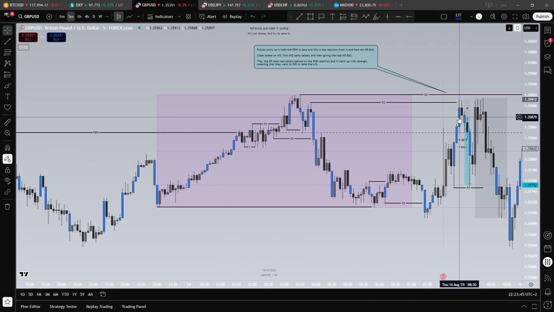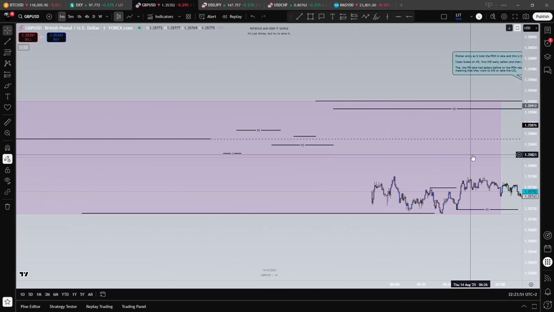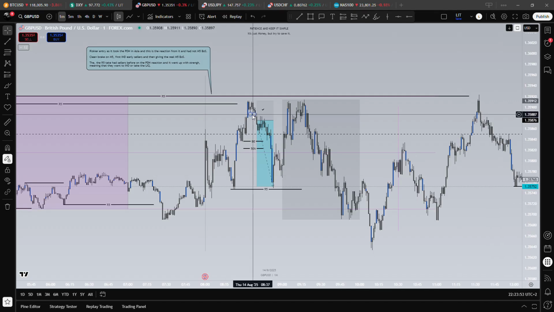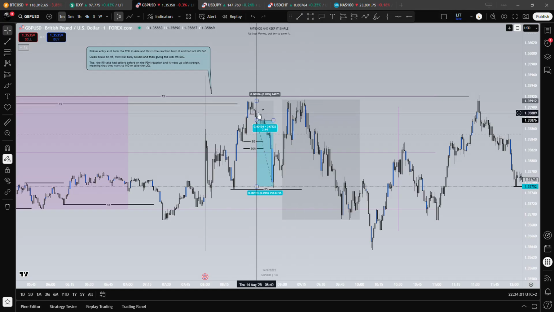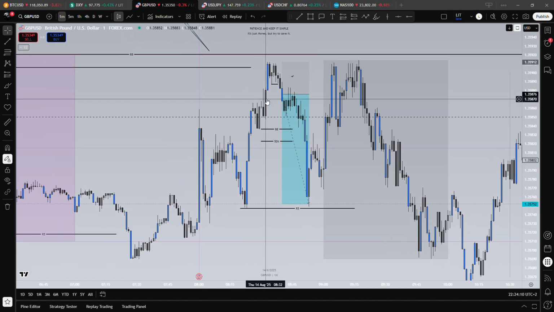I saw momentum. Okay, on M5 I waited and I saw this candle closing here. It's a clean candle. On M1 I saw this break. It started breaking structure to the downside, and with this engulfing candle I waited for the mitigation and to see another engulfing candle, and we have it right here.